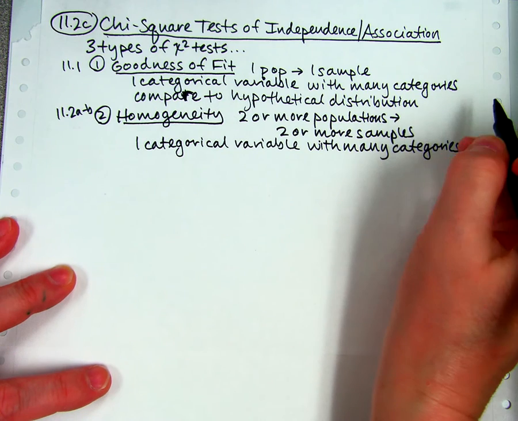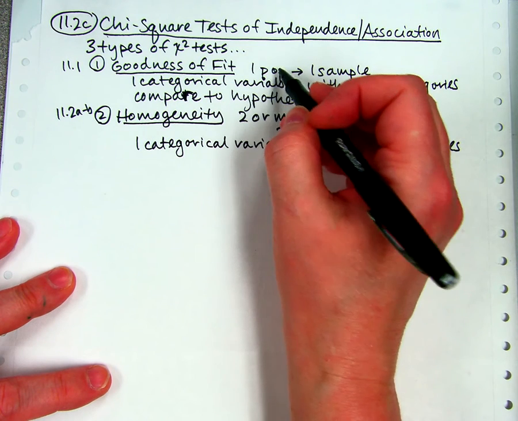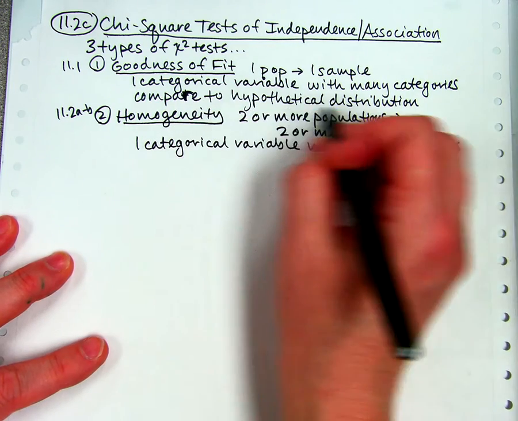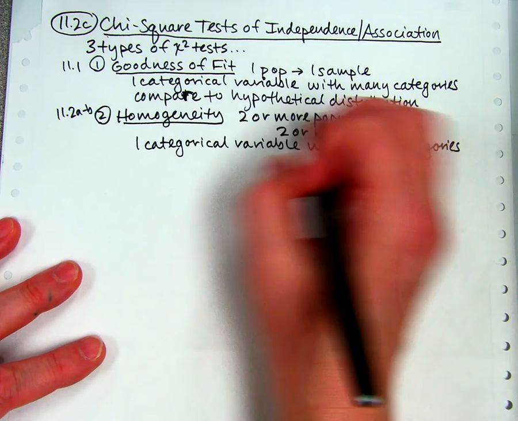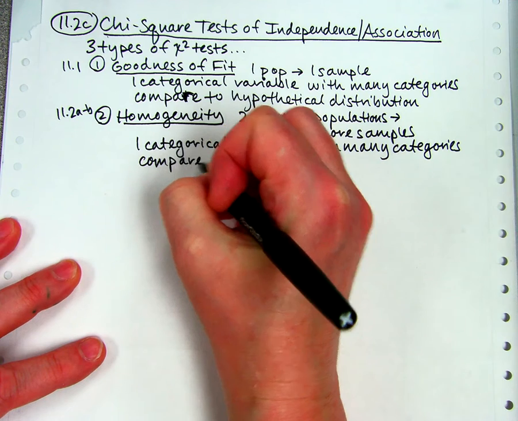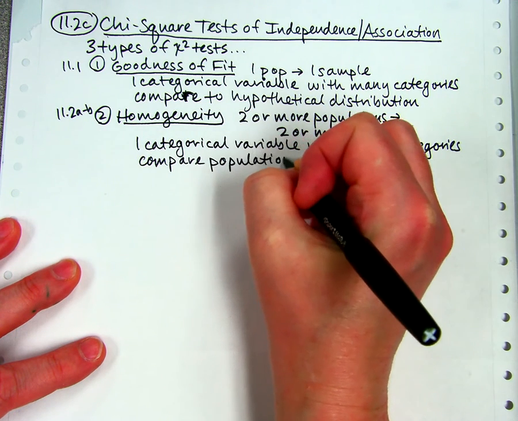So like when we switched from chapters 8 and 9 to chapter 10, we switched from one population to two populations, and instead of comparing to some hypothetical proportion distribution, we were comparing the populations to each other. And that's a little bit different, although I think it's more interesting.